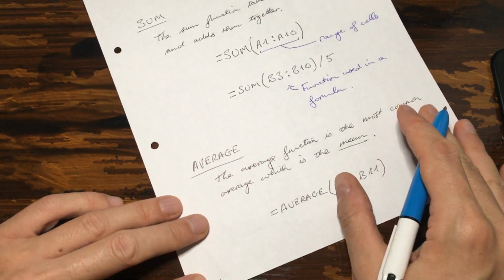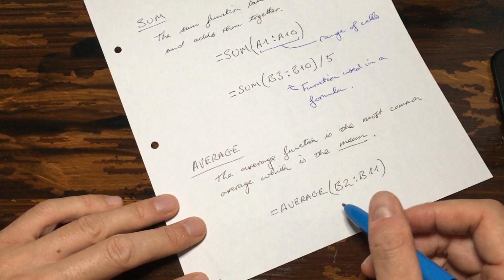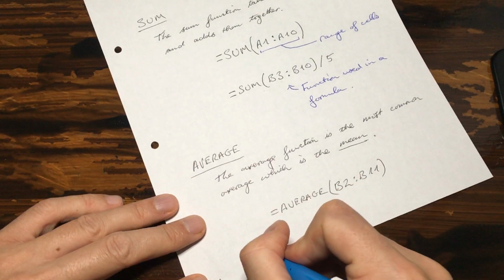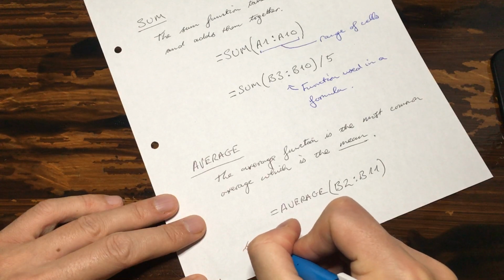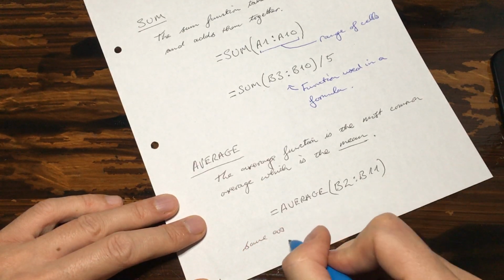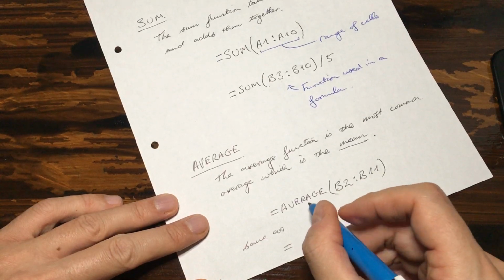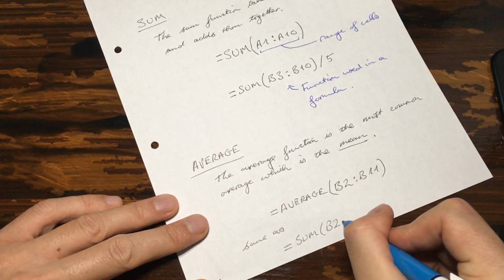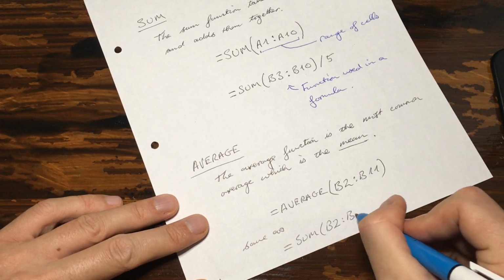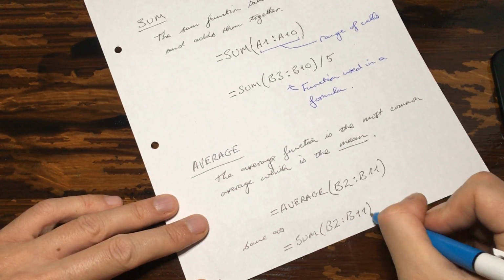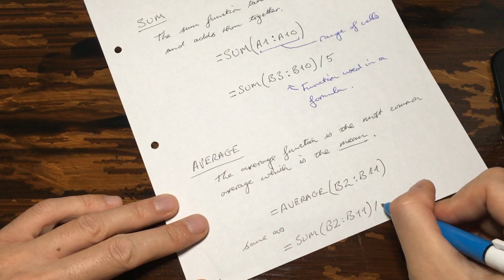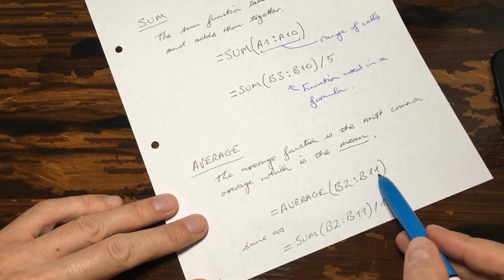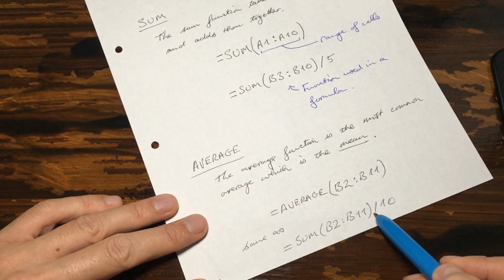Okay, and what we can do is just write how this is exactly the same as, and we'll do this, sum B2 to 11 divided by 10. So it's easier, as you can see, to do this than do this.